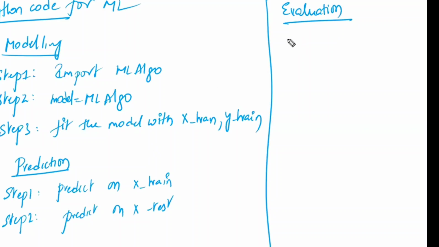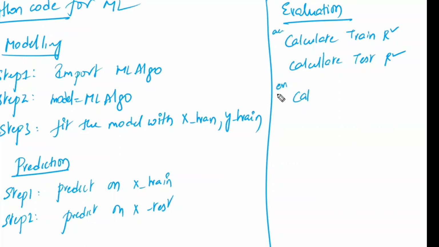Evaluation means calculate the train R square, if it is a regression problem, and calculate the test R square. If it is other problems, it will be according to that. If it is accuracy wise, it is this one.